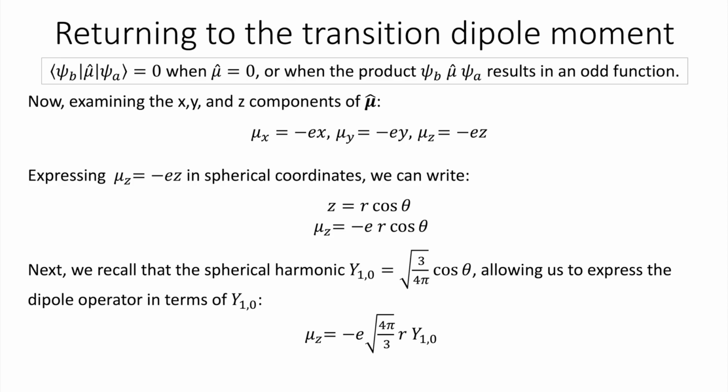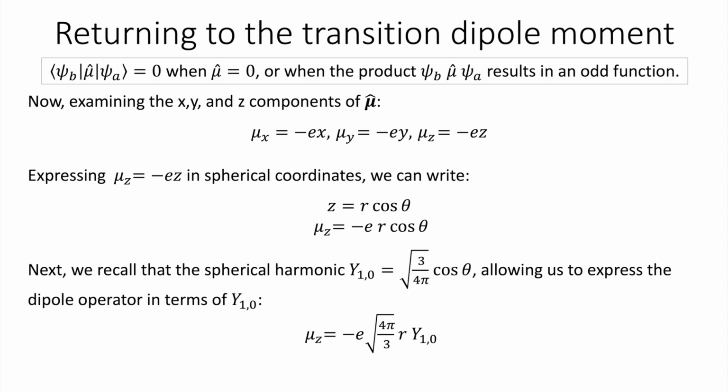So let's just look at z, for example. Of course, there are three that we can look at. Let's choose z. It turns out z is equal to r cosine theta. That's the transformation to go from z to r and theta. So mu z we're going to define as minus er cosine theta.